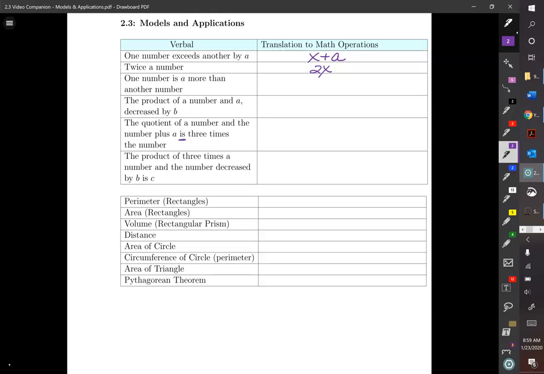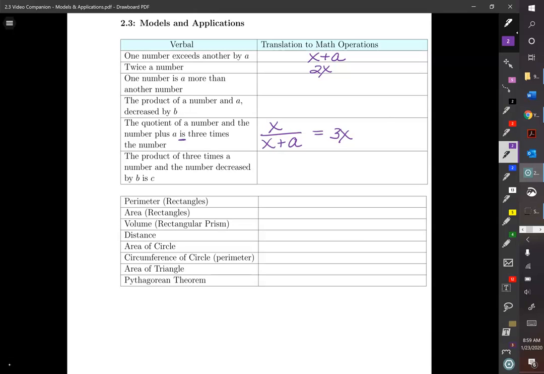So the quotient of a number, so our number is x, or you could use n, whatever you want. And the number, so I put the fraction bar to represent that it's a quotient. The number plus a is my equals 3 times the number, 3x. So I'm just piecing together. Now these are kind of just simple phrases, but we will get more complex. So I wanted you to see how those can work out.